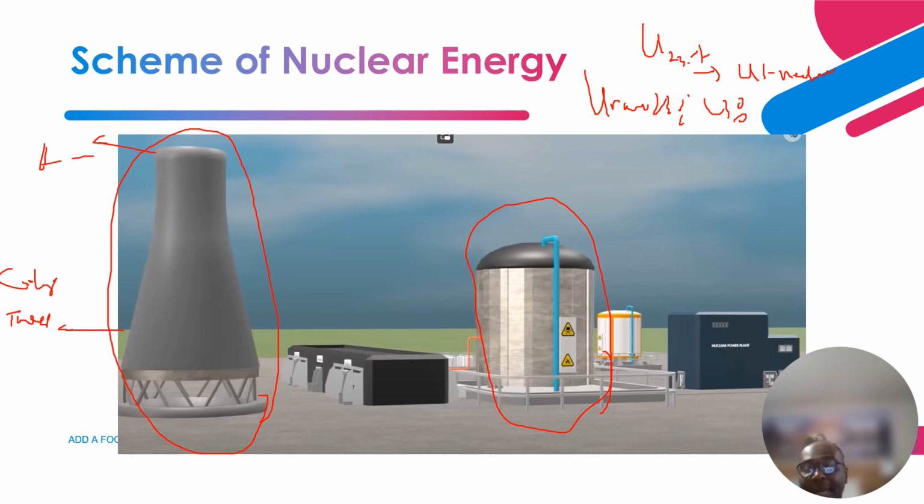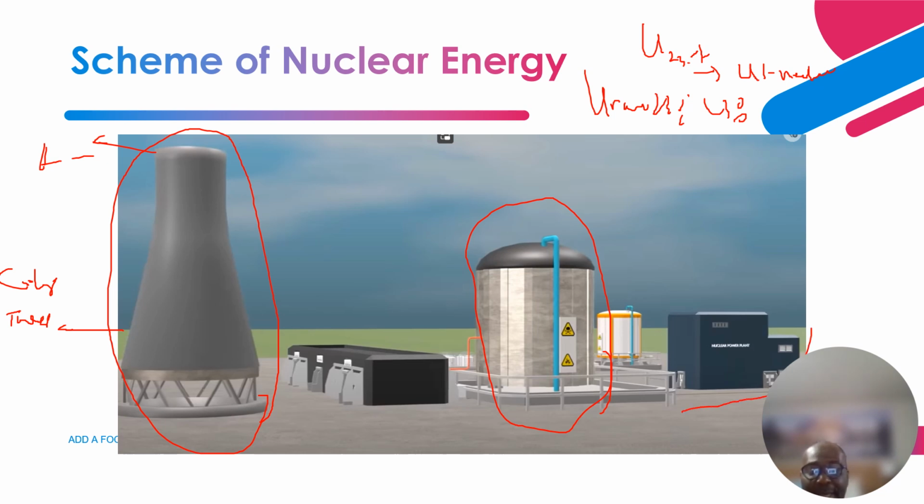And anytime that a neutron is released, it releases heat. So think about it, millions of neutrons, a neutron reacting with another uranium, all that chain reaction releases heat. And that's how steam is formed from nuclear generation.